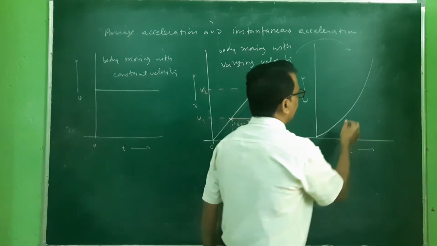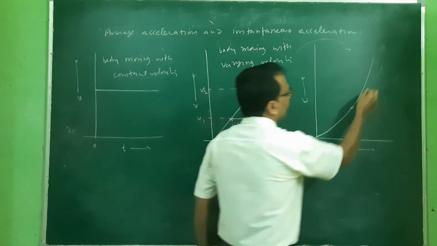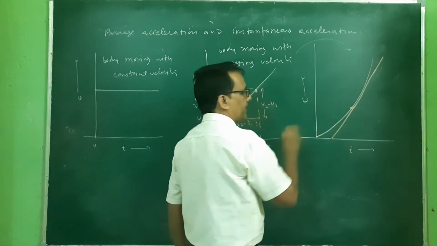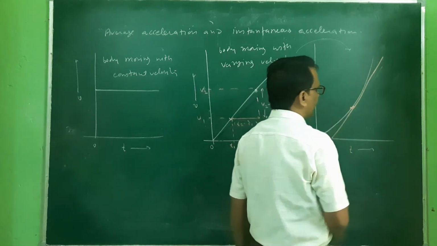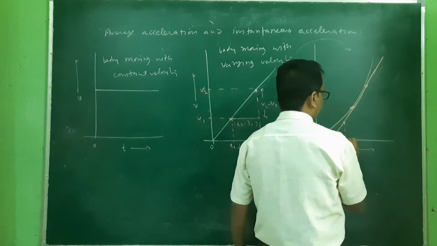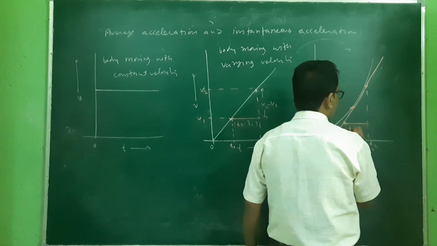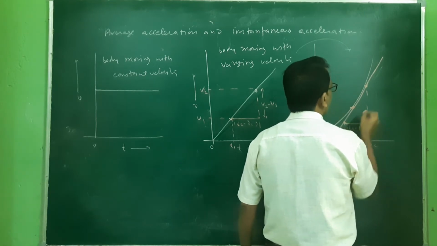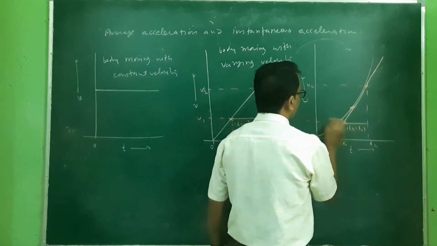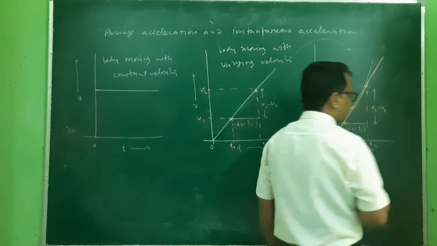And similarly, we take one point somewhere here and take one tangent line passing through this particular point. So this is that tangent line, and again we are taking 2 points here, t1 and t2. So this difference is t2 minus t1, and here let's say this is v2 and this point is v1. So this difference is v2 minus v1.